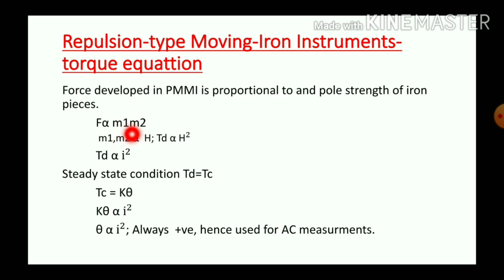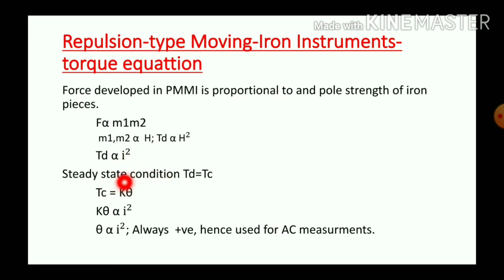The pole strengths M1 and M2 depend on the field produced in the coil, and the field in the coil is due to the current flowing through the coil. And so we can write that the deflecting torque Td is proportional to H square, and it is in turn proportional to I square, where I is the current flowing through the coil.